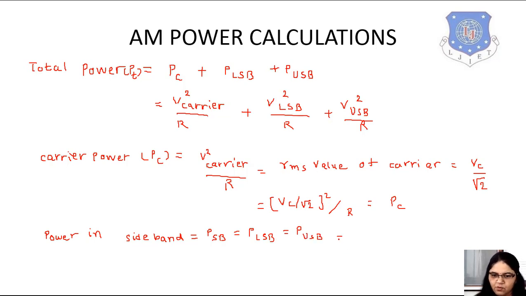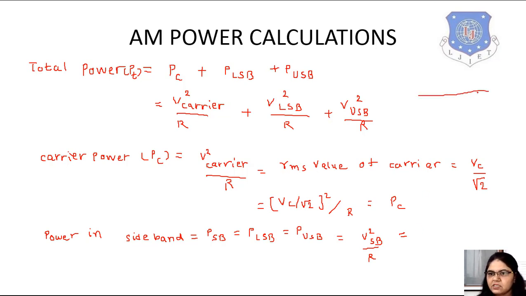So that is equal to V square SB upon R. Here the voltage SB is the lower sideband and the upper sideband. Now what is the amplitude of the sideband?